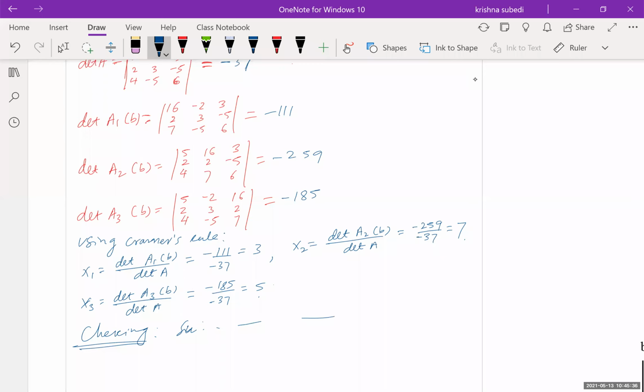Any question? Okay, if you have no questions, then this is all about Cramer's rule. I believe you'll be able to handle Cramer's rule now to solve a system of equations.